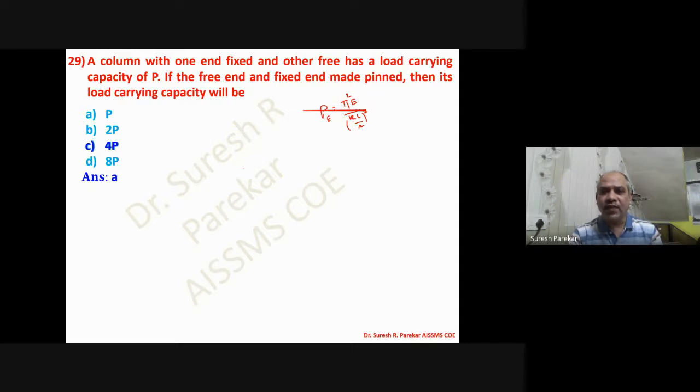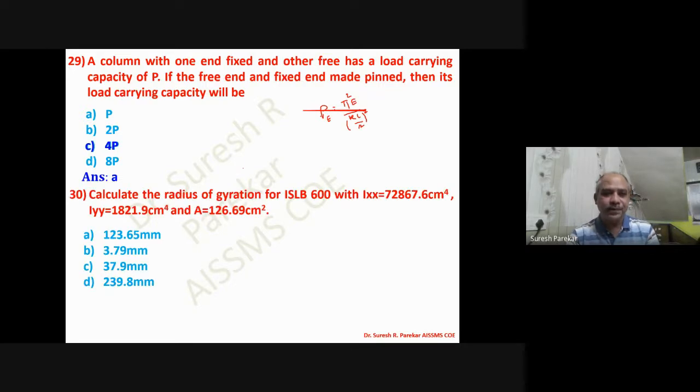So 2 square, which is 4, goes on this side, and therefore it becomes 4P.